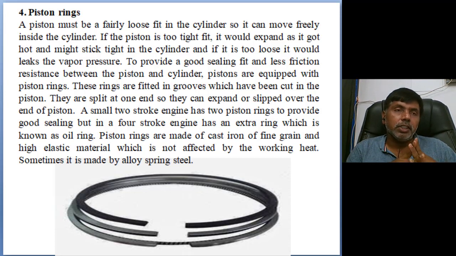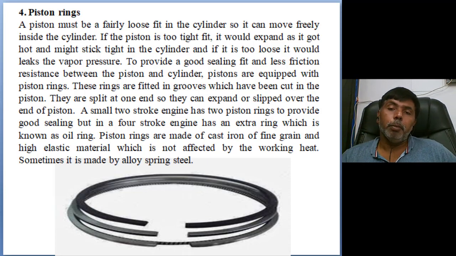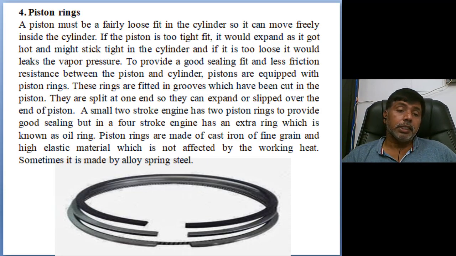So if the oil ring has failed, that is the indication: black smoke comes out of the silencer. These piston rings are generally made of spring steel and heat treated, because high temperature and pressure resistance is required.